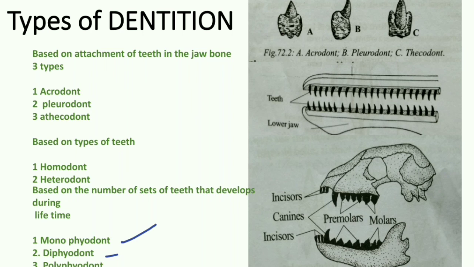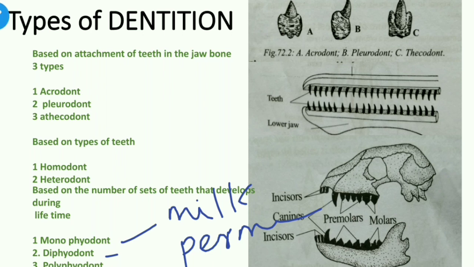The first set is called milk or lacteal dentition, which is later replaced by permanent dentition. Then polyphyodont: in lower vertebrates, many sets of teeth develop during the lifetime.